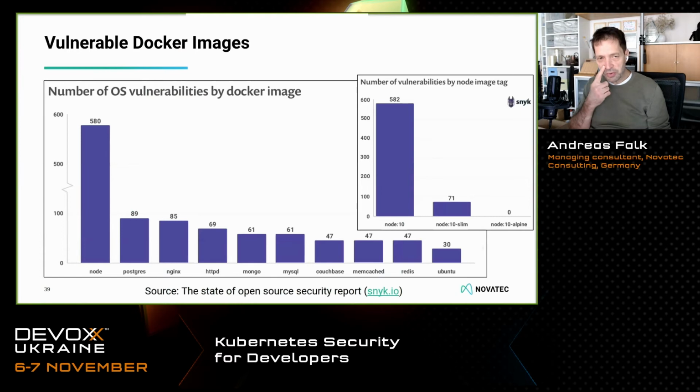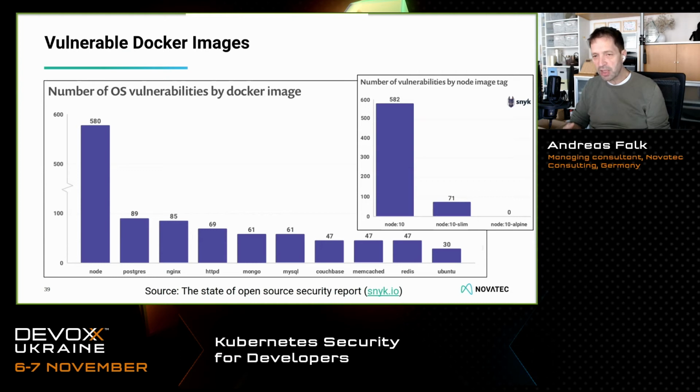When it comes to Docker images, especially Docker base images, you also have to be aware that there can be base images on Docker Hub, very prominent ones, that have lots of vulnerabilities inside already. So the top one with the most vulnerabilities from the last report done by Snyk is the Node.js base image. That originally had 580 vulnerabilities inside.